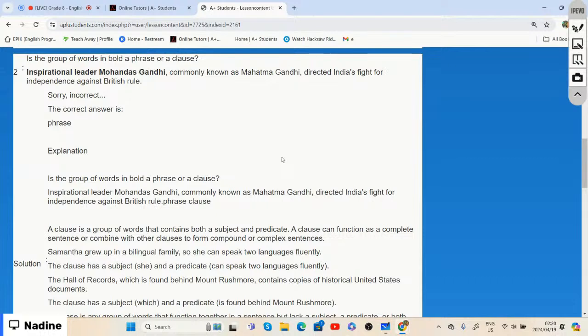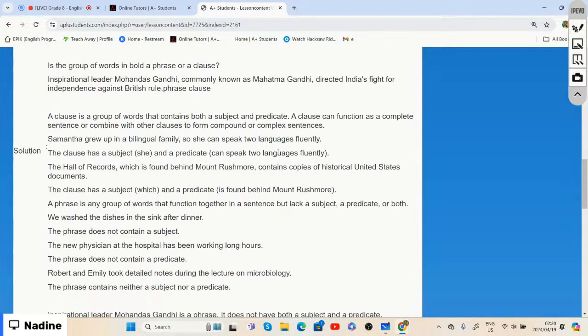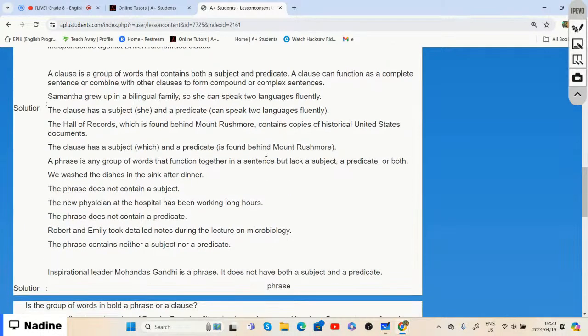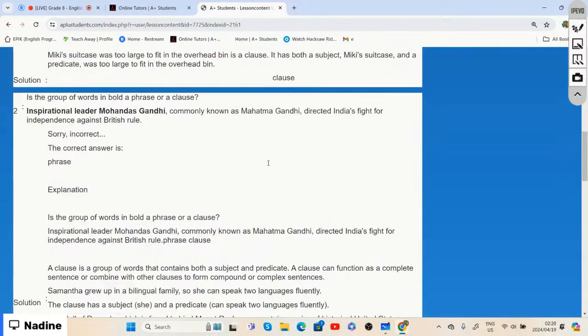So in this case, when we say inspirational leader Mohandas Gandhi, we can say that it's a phrase. It does not have a subject and it does not have a verb.